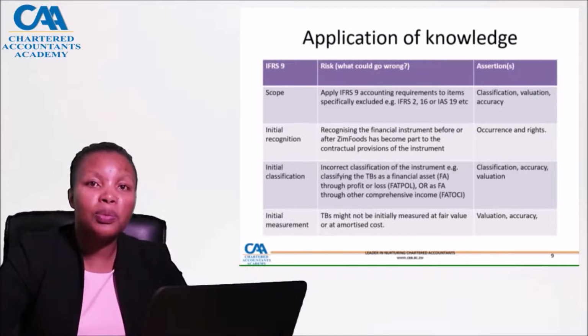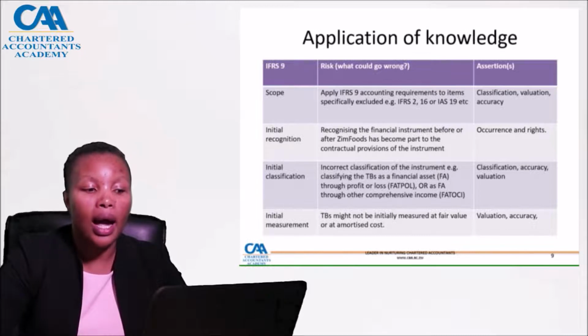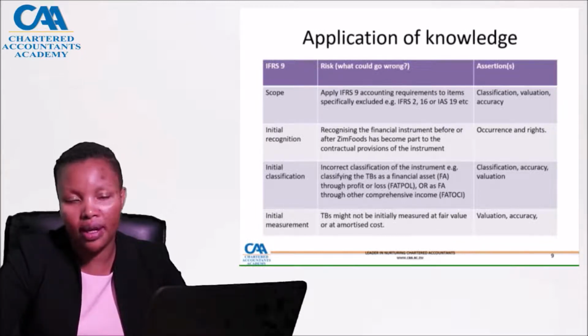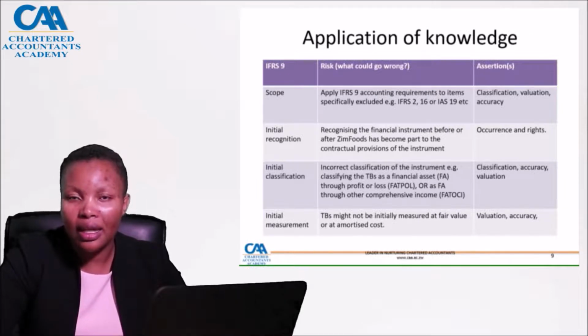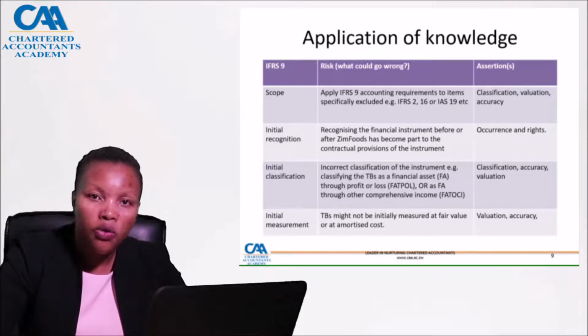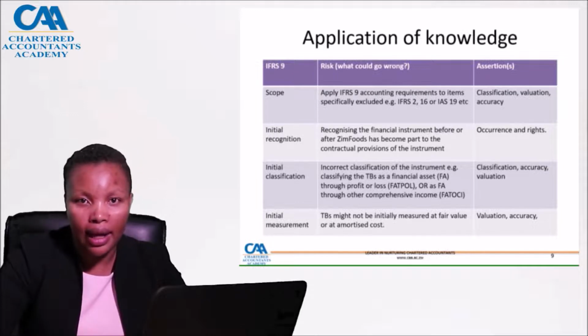So IFRS 9 specifically excludes IFRS 2, 16 or IAS 19, for example. So remember, we're scoping in: does this treasury bill fall under IFRS 9?